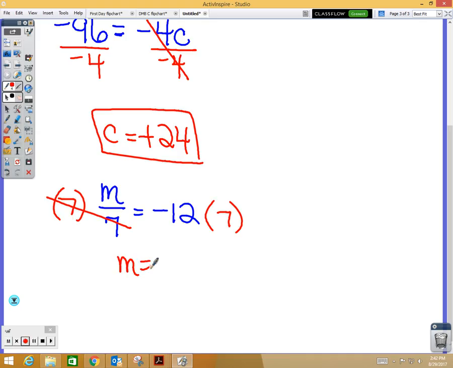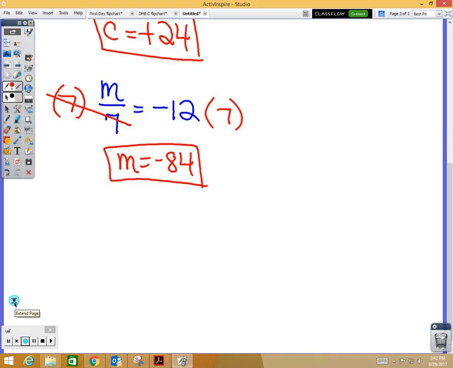So m equals what? Negative 84. There you go.